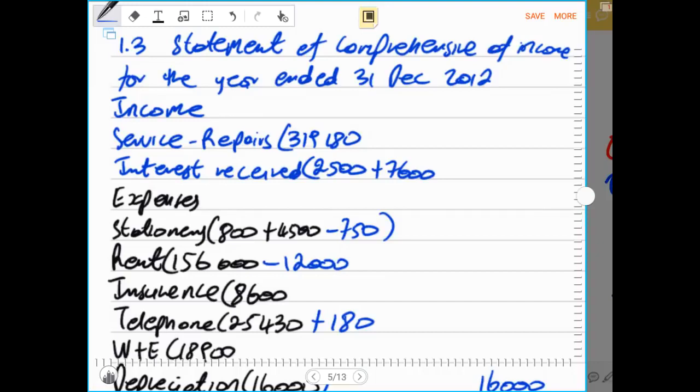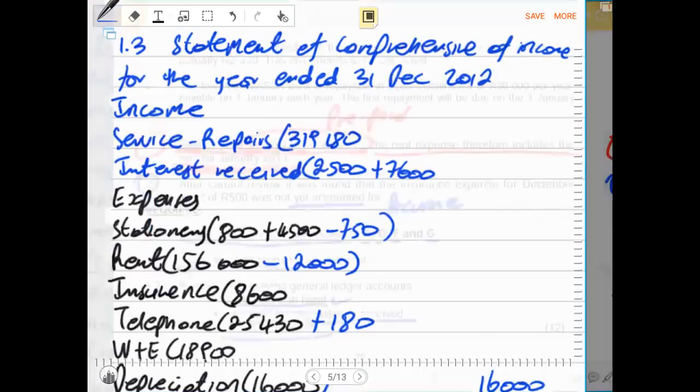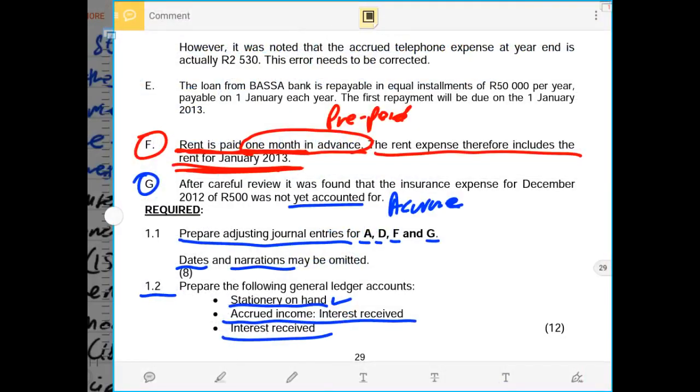So it must not appear in the income statement for the year 2012, because it is for the next financial accounting period. So we have accounted for rent both in the income statement and also in the statement of financial position. And that was entry number F.